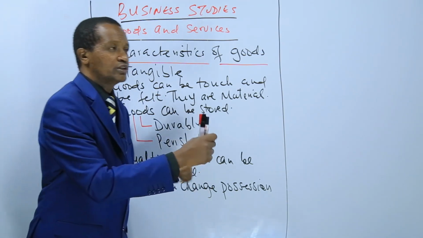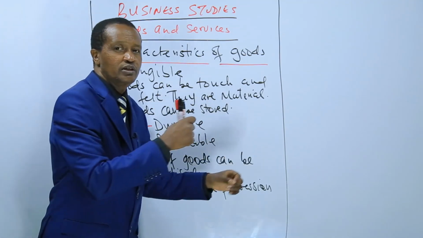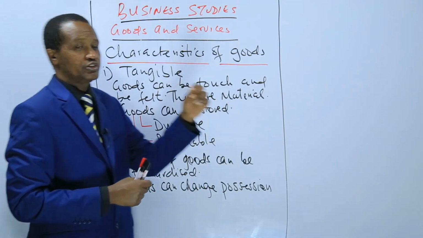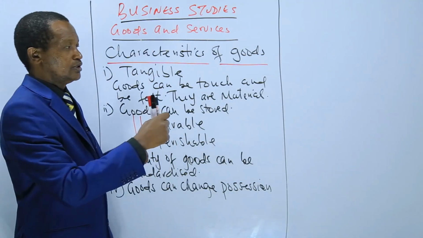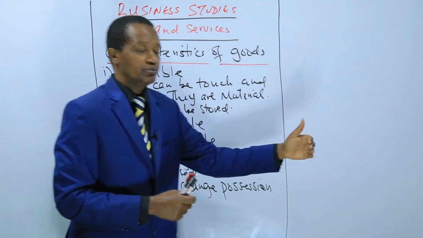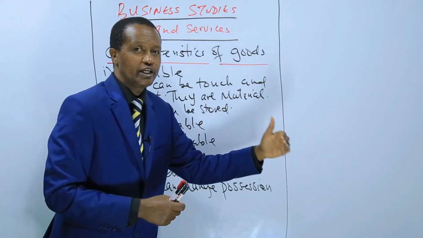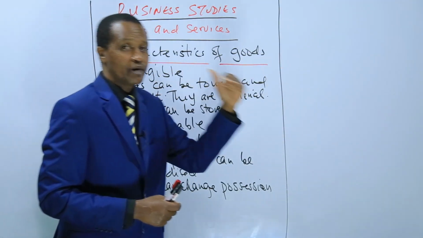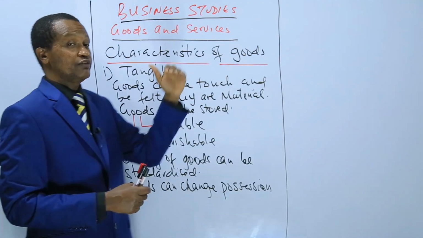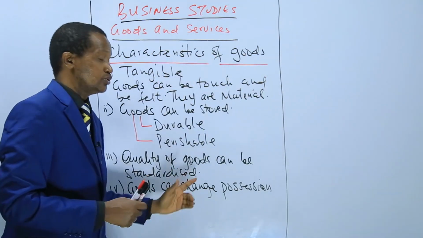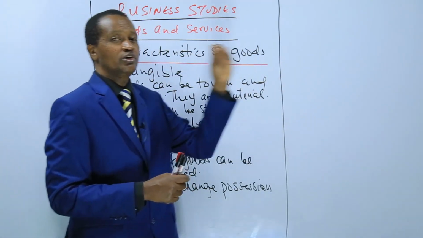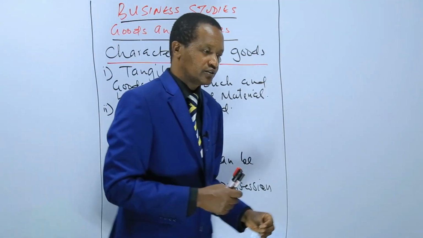There are some durable goods that can keep on changing ownership. The same land can change ownership, but you have to pay the price for it. You need to buy. There is a price attached to every commodity, to every good. So ownership can only change when you pay the price.